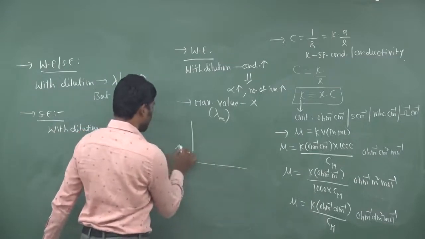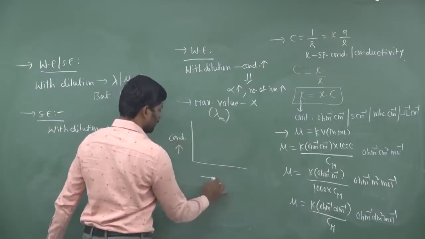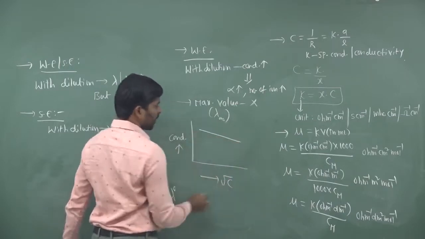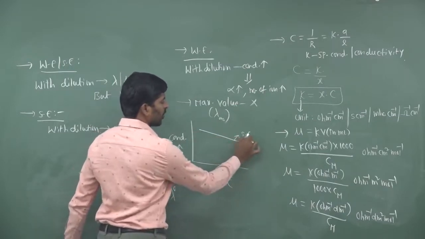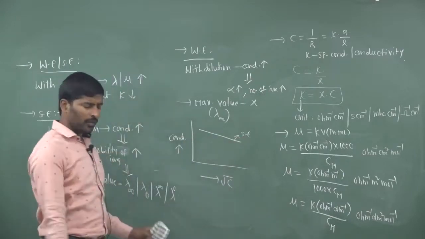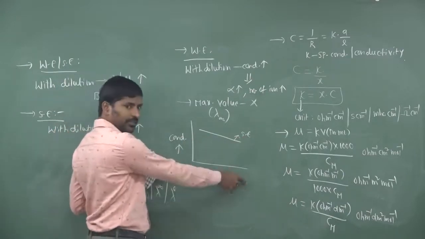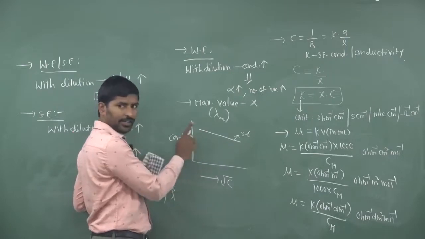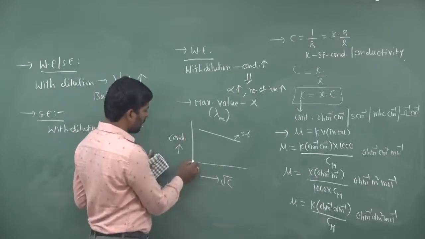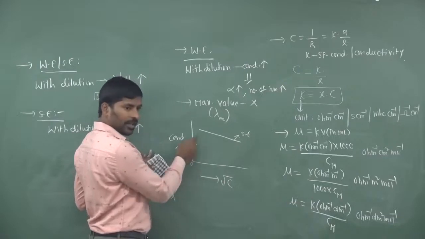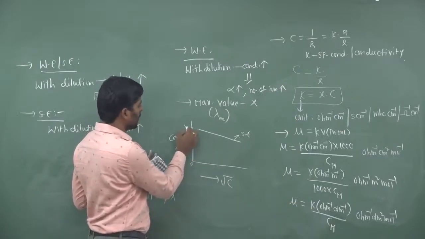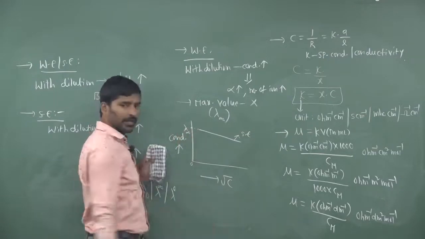If you see graphically, conductance versus square root of concentration, we will get this type of graph for strong electrolytes. With the dilution, meaning with the decrease in concentration, conductance increases linearly in the case of strong electrolytes, and conductance at zero concentration or at infinite dilution can be obtained by extrapolation. This is lambda infinity or lambda naught.